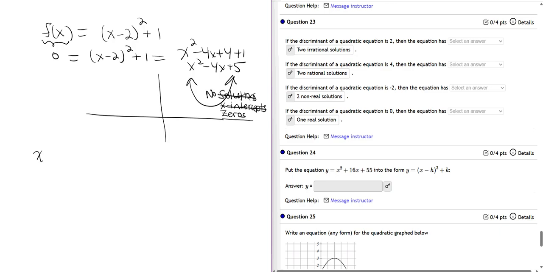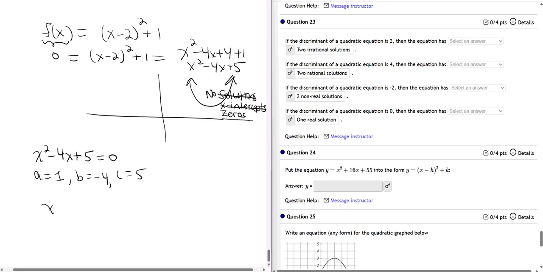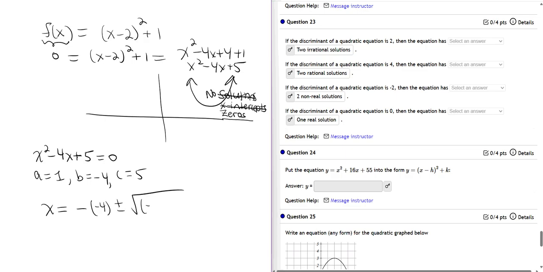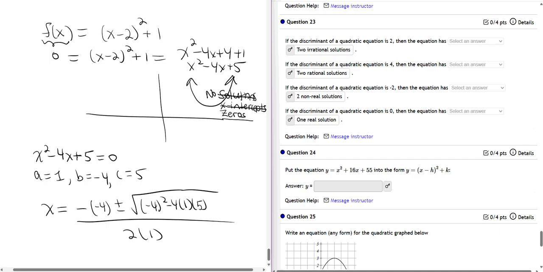And so if you were trying to solve the equation x squared minus 4x plus 5 equals 0 with the quadratic formula, you would let a be 1, b would be -4, c would be 5, and you would try to do -4 plus or minus the square root of -4 squared minus 4 times 1 times 5 all over 2 times 1.